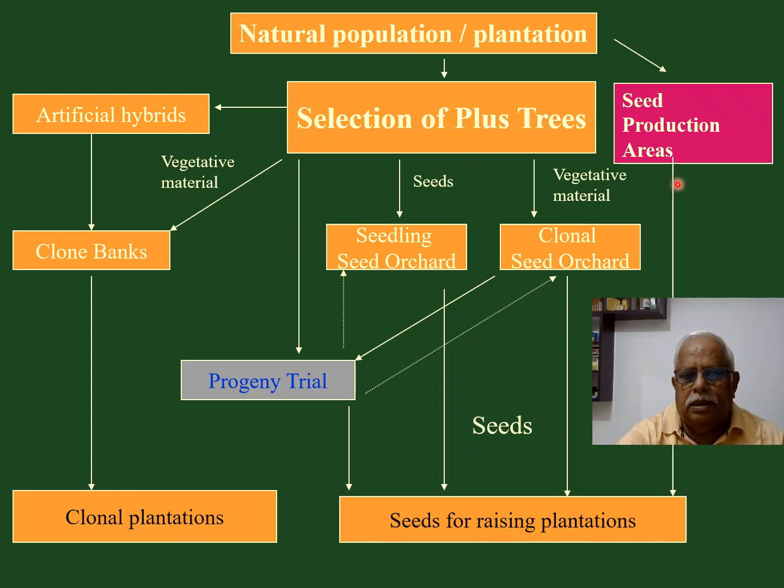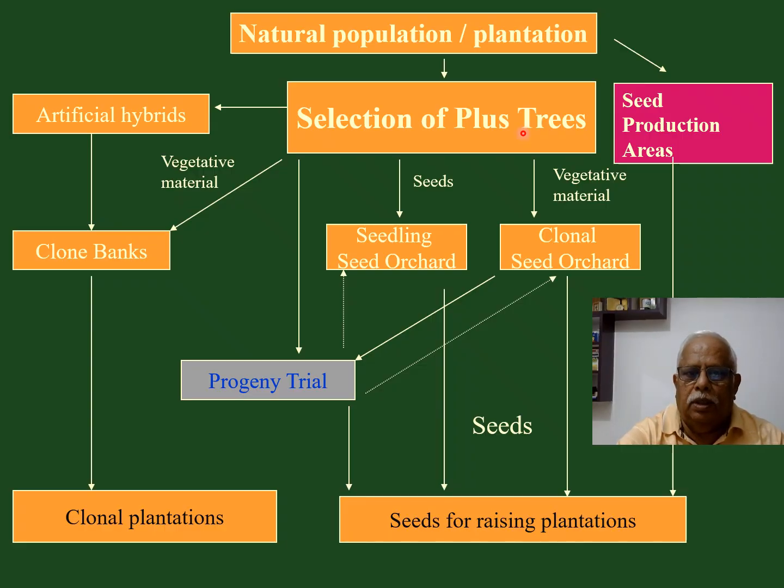This is a chart of tree improvement in a concise manner. I will try to explain. In tree improvement, we select the plus trees. What are plus trees? Plus trees are outstanding individuals which we select for given characteristic features.